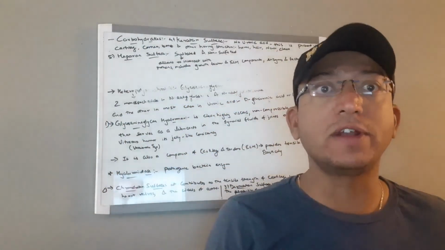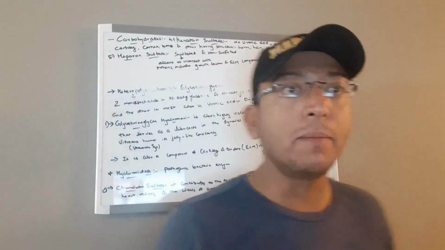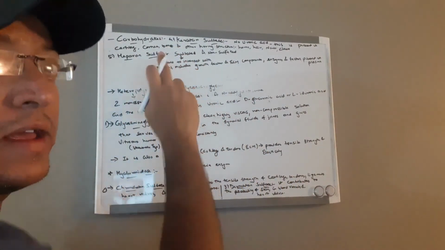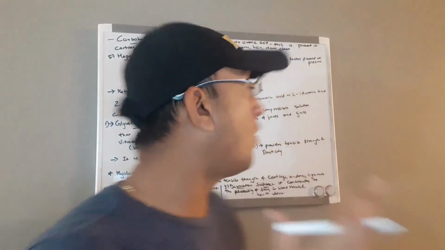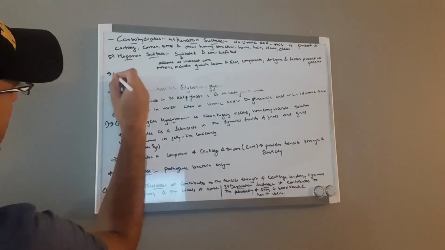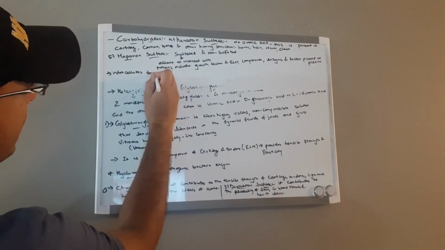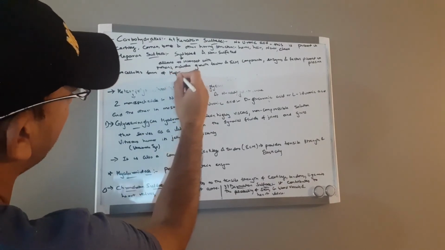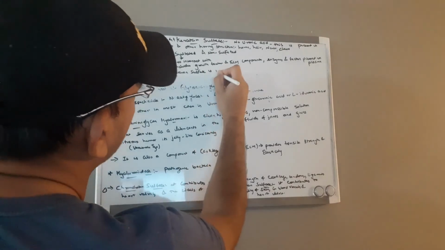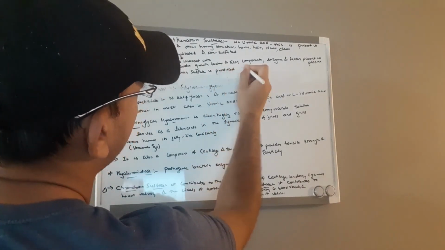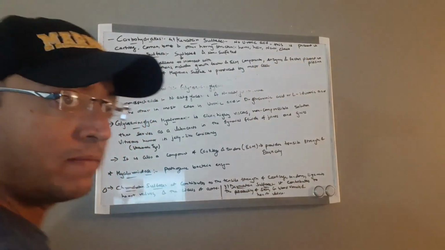Heparin is a highly sulfated intracellular form of heparan sulfate produced primarily by mast cells. So this is highly sulfated, and it is produced by mast cells.